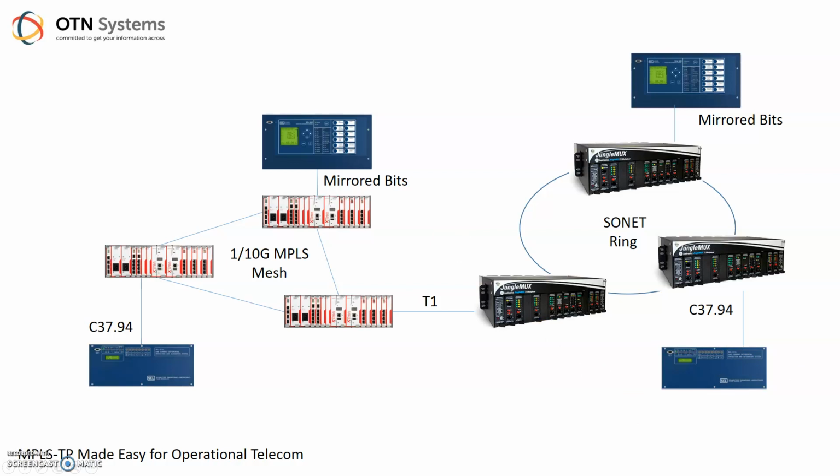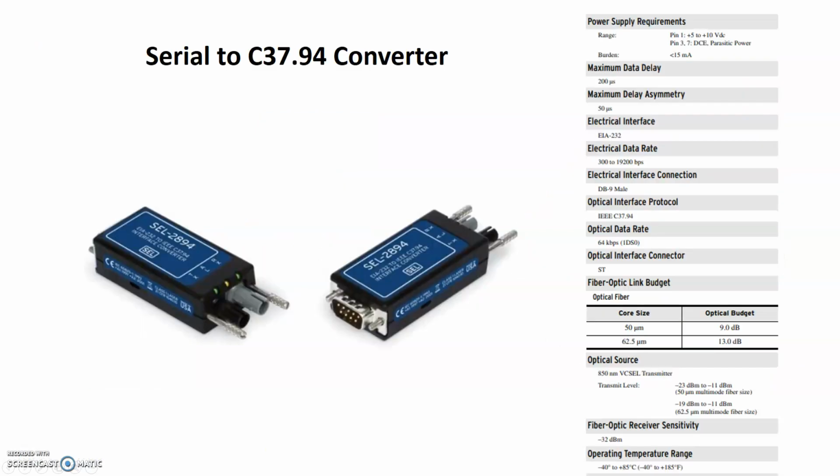It so happens that Schweitzer has a device, which is a serial to C37.94 converter. It's a very nice, convenient little device. Part of the reason is that it takes power directly from the receive pin, and it draws very little power, in the order of about 20, 30, 100 milliwatts or so.